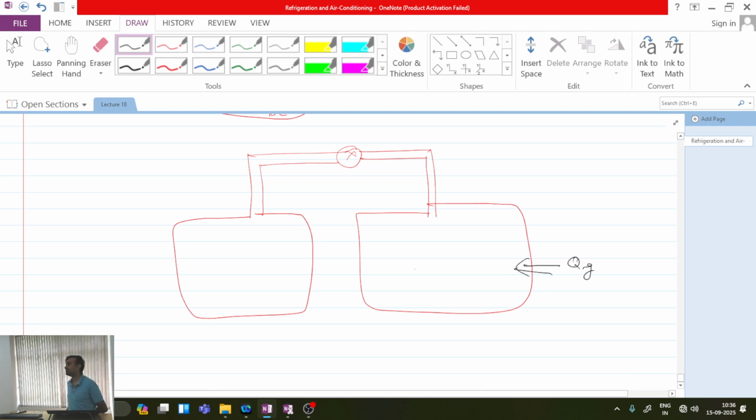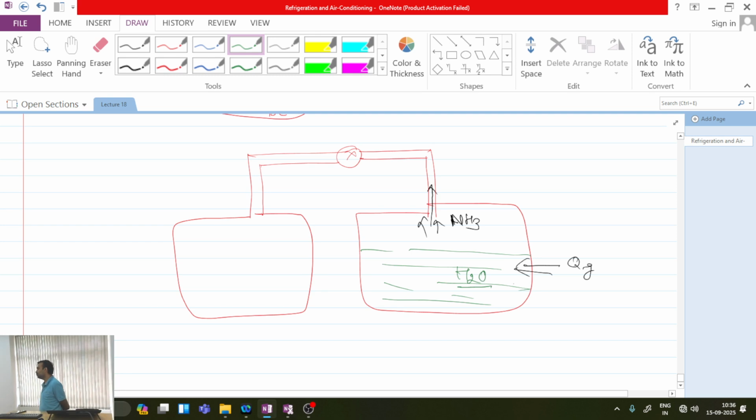So if I heat the first chamber with a mixture of ammonia and water liquid, which one will vaporize first? Ammonia has a low boiling point, so ammonia will vaporize first. So now ammonia vapor will rise from the top if I add heat to this mixture, and ultimately at the bottom I will be left with a water-rich mixture, which will have very low concentration of ammonia and most of the water will be present.